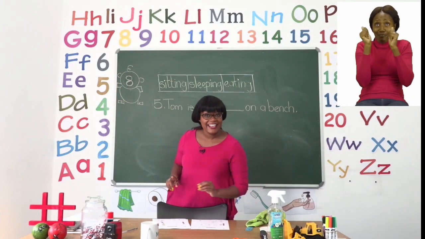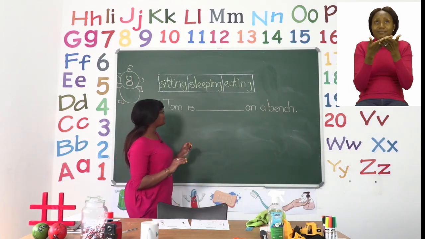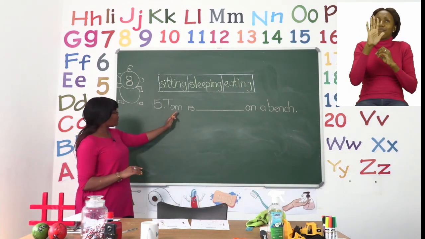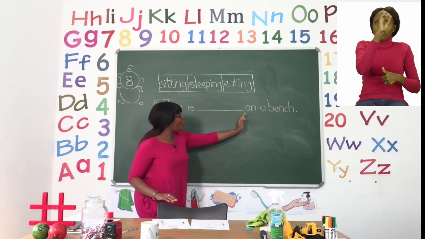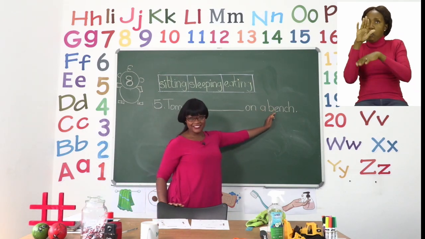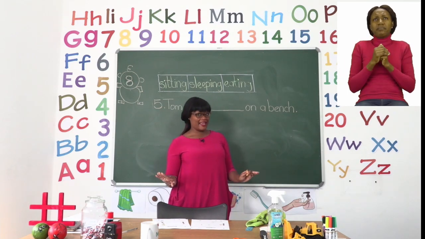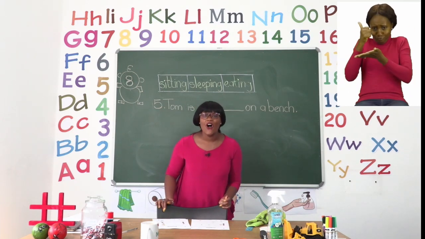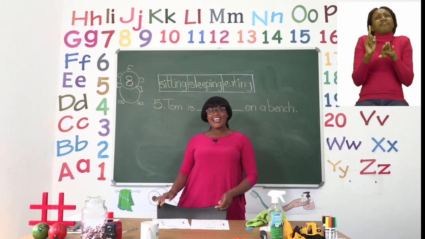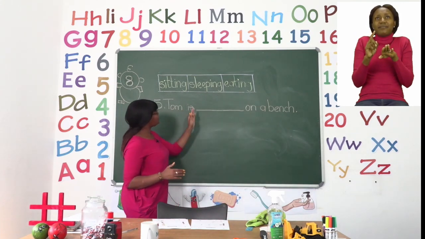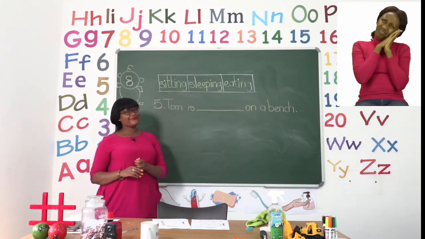So let's take a look at the board. Now number 5 says, Tom is dash on a bench. You can see a picture of a boy and there's a bench. But what is he doing on that bench? If you said sleeping, you would be wrong.